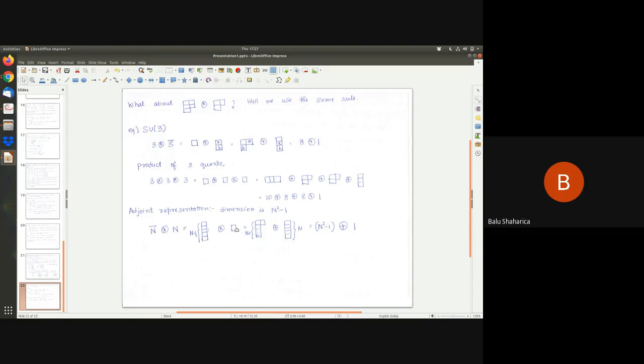We can either add it to the first row or to the nth row. But if you add it to the bottom of the first column, then what you will end up with is something which is empty basically. So that's a singlet.